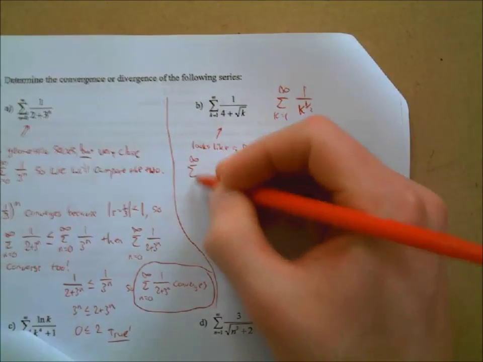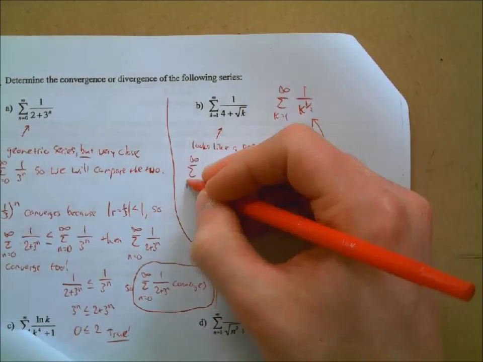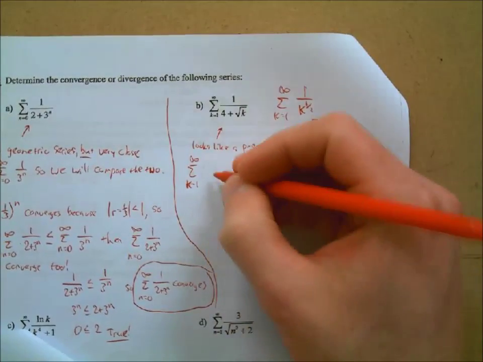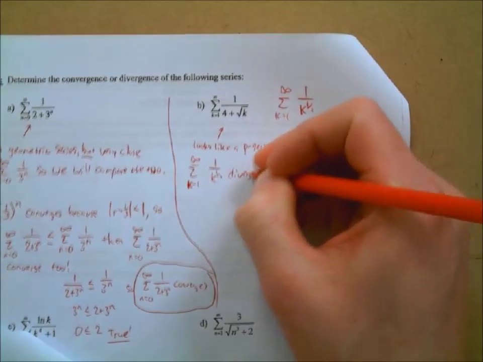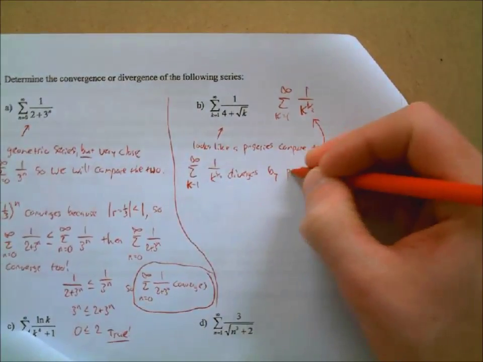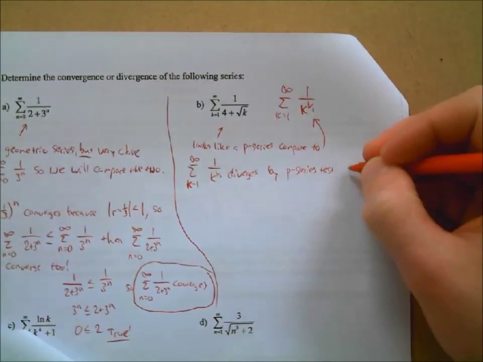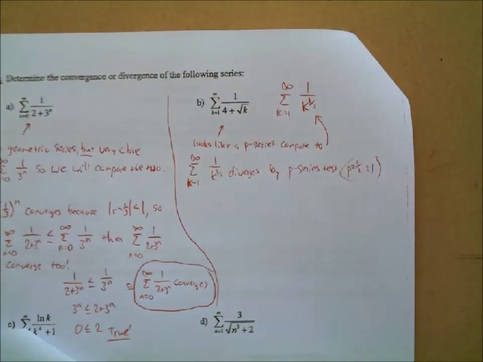It's going to diverge because P is less than or equal to 1. Sorry, we're using k's here. The sum from k equals 1 to infinity of 1 over k to the 1/2 diverges by the P-series test. P equal to 1/2 is less than or equal to 1, right?